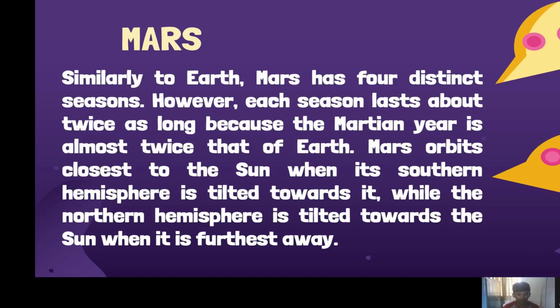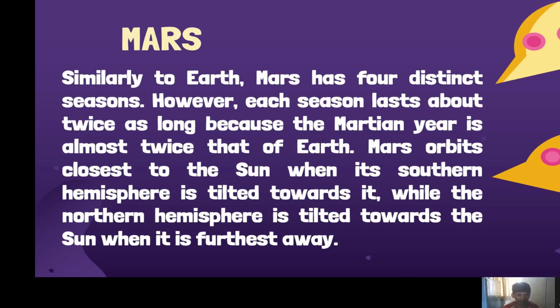Mars. Similar to Earth, Mars has 4 distinct seasons. However, each season lasts about twice as long because the Martian year is almost twice that of Earth.